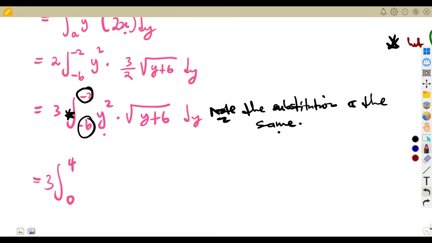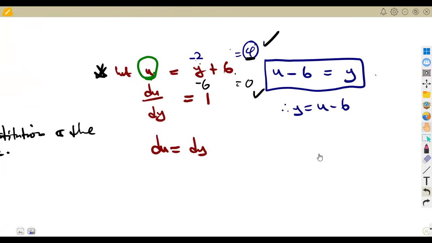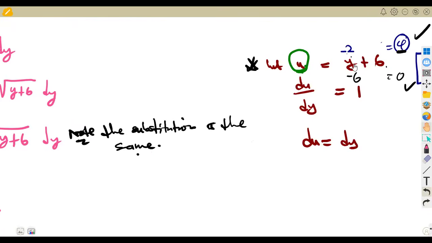Y squared. Remember, we said y in terms of u is what? Y is u minus 6. So you're going to have u minus 6 squared times, remember, this y plus 6 is the one that is representing u.